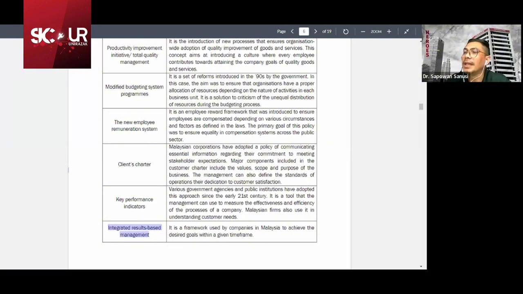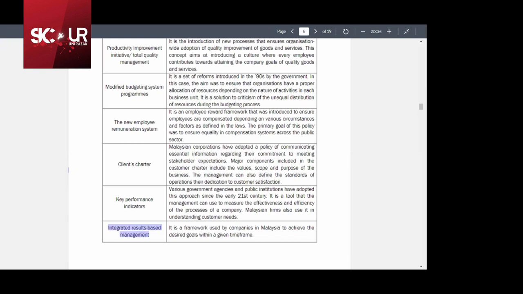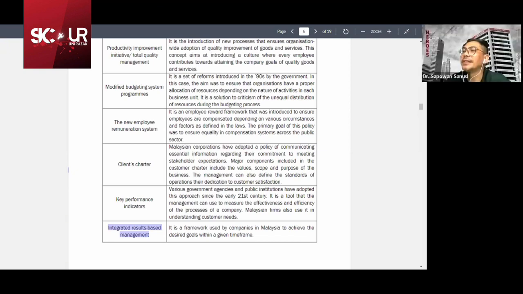We call it Madani Afiat, bukan, sekejap, saya check sekejap. Dia Ministry of Finance keluarkan. Sekejap ya, terma dia, saya check dulu. Apa nama dia?